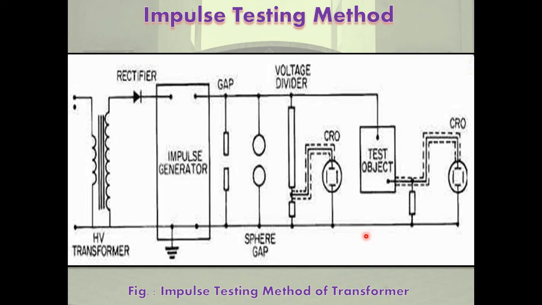In impulse voltage, impulses are obtained from the impulse generator. The voltage is applied until 50% probability of disruptive discharge is obtained. The final reading is obtained by interpolation between the readings obtained with either two gaps or two voltage settings.